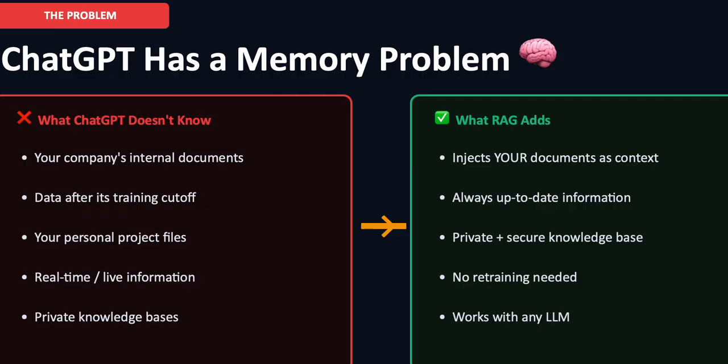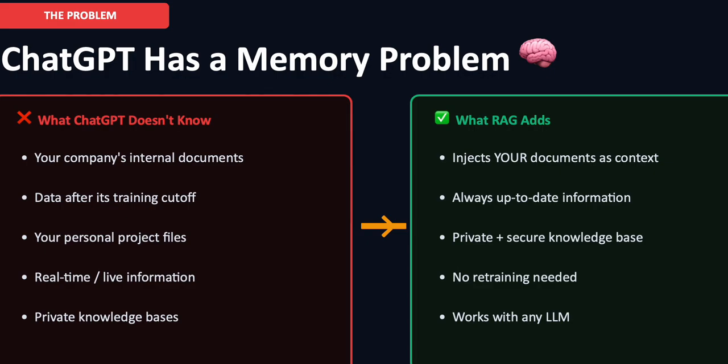That's exactly the problem with ChatGPT and every other LLM. They know everything about the world, but nothing about your world: your company docs, your internal data, your recent files.